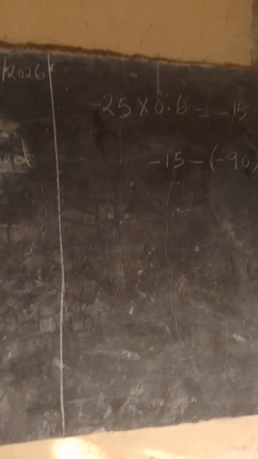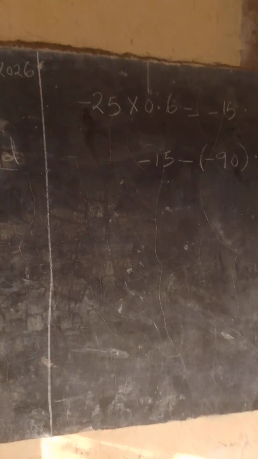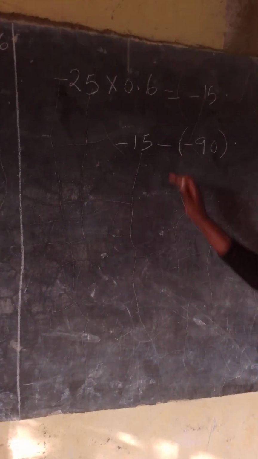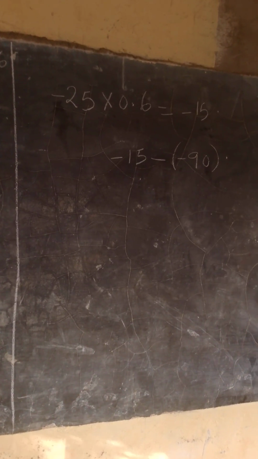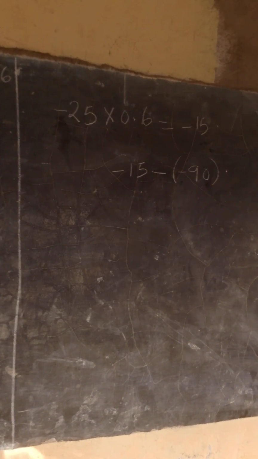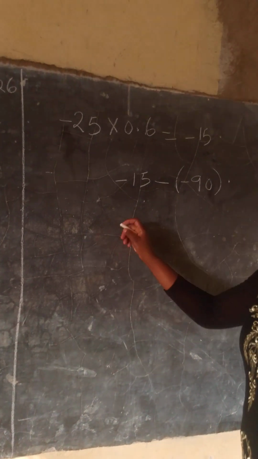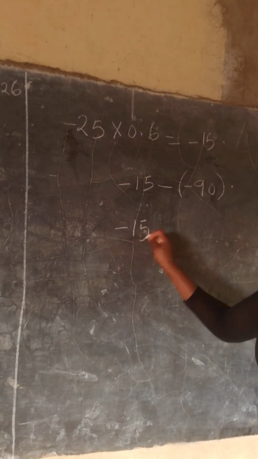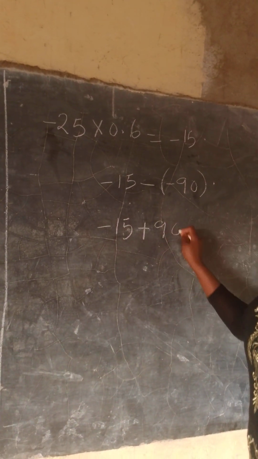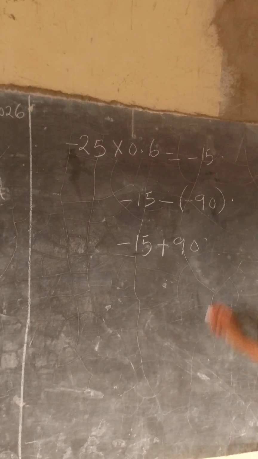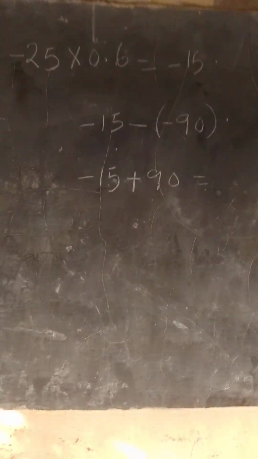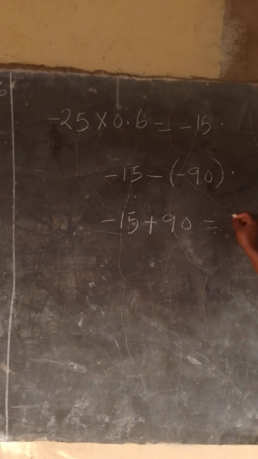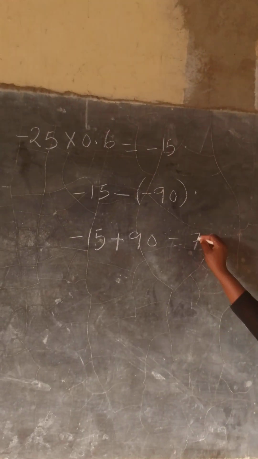Then we said in subtraction of integers, where a negative follows a negative, it turns out to be an addition. That is negative 15 plus 90. What is negative 15 plus 90? Yes, Mutanu? 75.